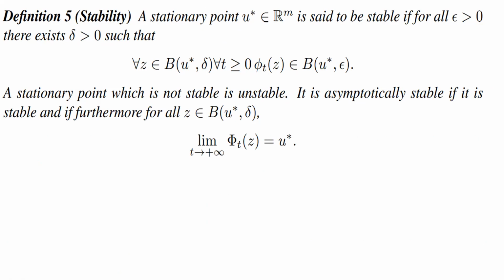Basically, a stationary point is stable if, for any ball, represented here by the number epsilon, I can choose a neighborhood of my stationary point such that my trajectory won't leave the ball of radius epsilon if I start in the ball of radius delta, right?